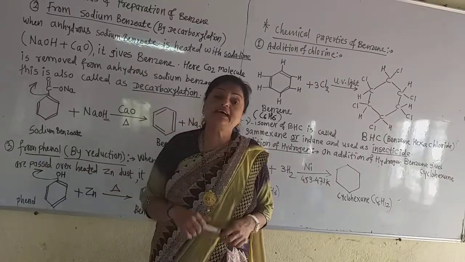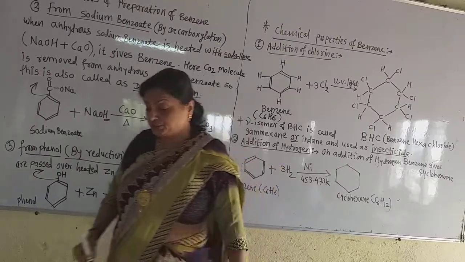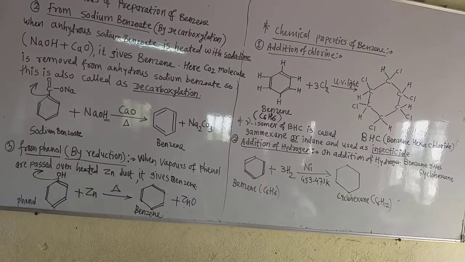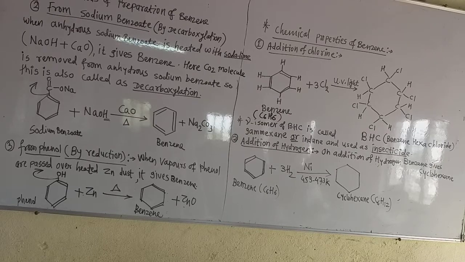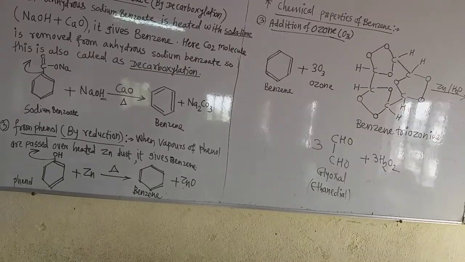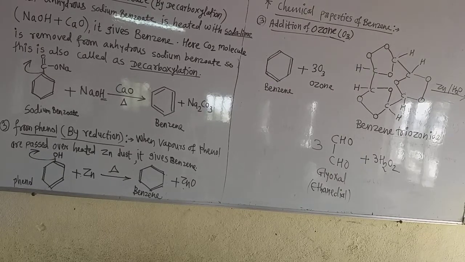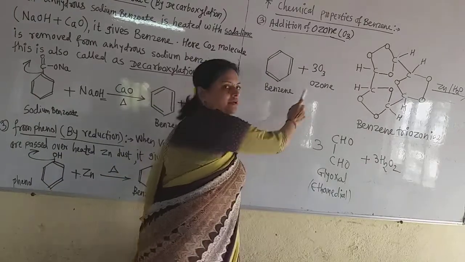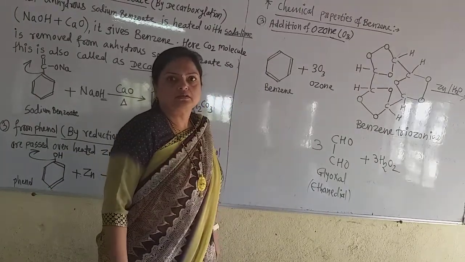Now let us see the addition of ozone into benzene. The third chemical reaction is the addition of ozone, not oxygen. Now let us see how that reaction is. Ozone has the molecular formula O3. Now when benzene adds this ozone, what happens?